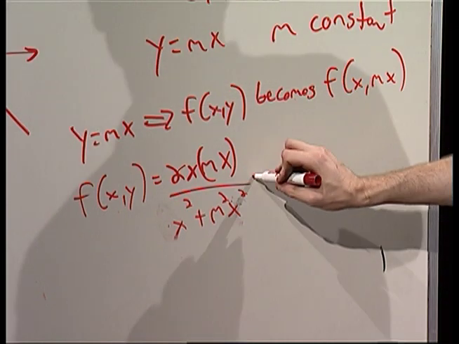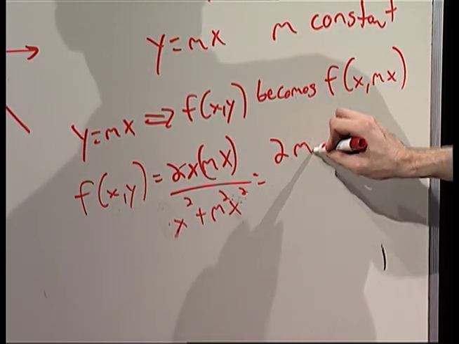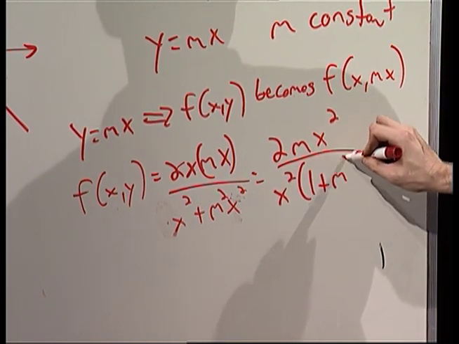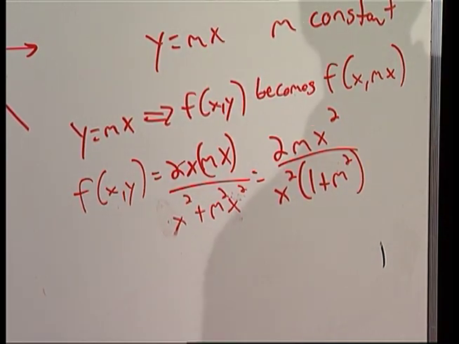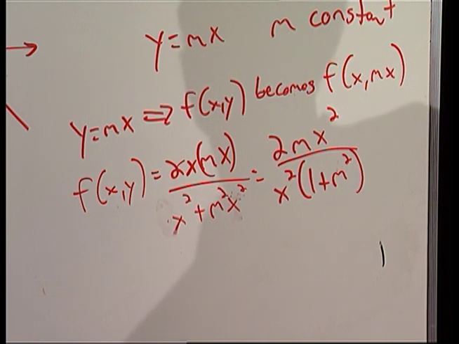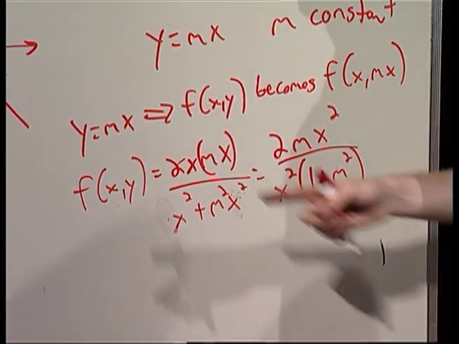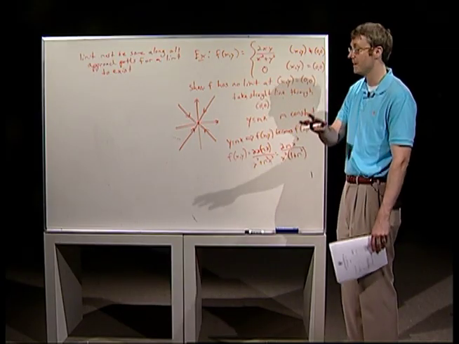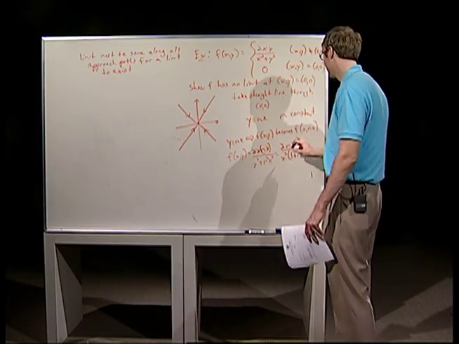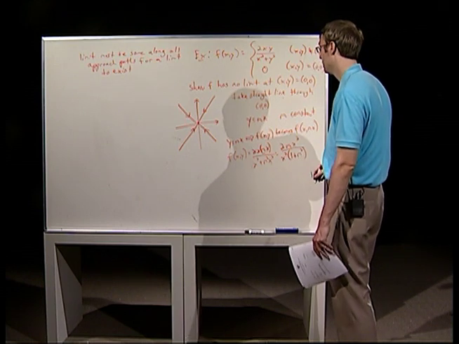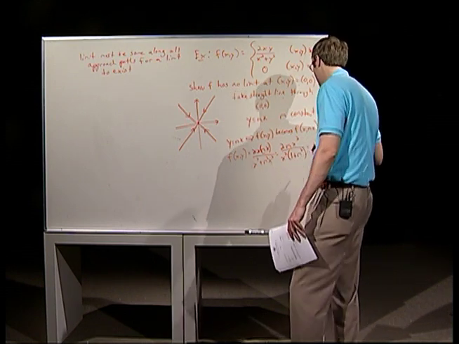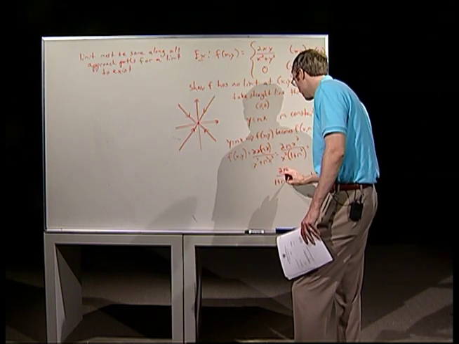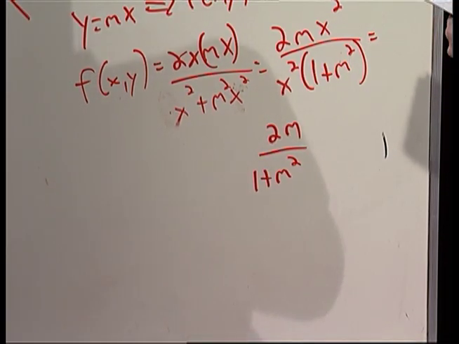So that's 2mx squared over x squared times (1 plus m squared). And this is true along any line approaching (0,0), but not at (0,0). That doesn't matter for the limit. I can cancel these out as long as x is not 0, and I will get 2m over 1 plus m squared.